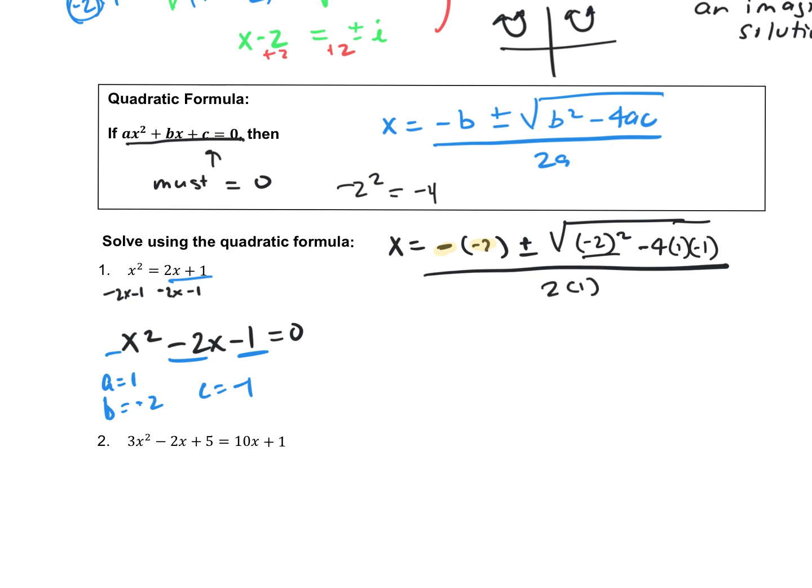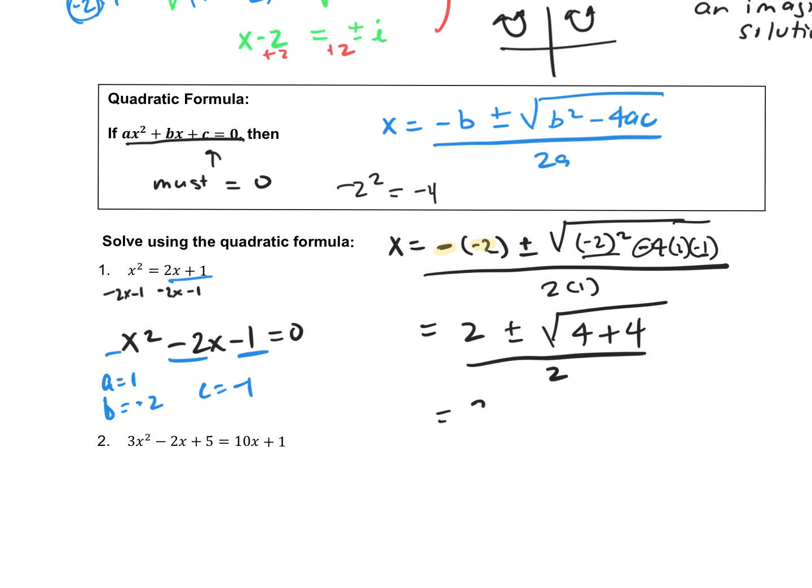Now, we're just going to combine our terms, do all the things we need to math-wise, and then get a solution. So here I have 2, plus or minus, underneath I have 4, and this is negative 4 times 1 times negative 1, so that's a positive 4 underneath there, all over 2.